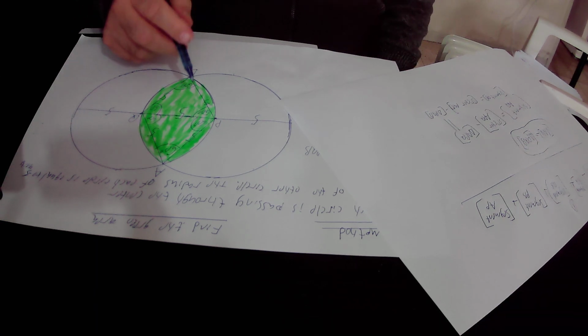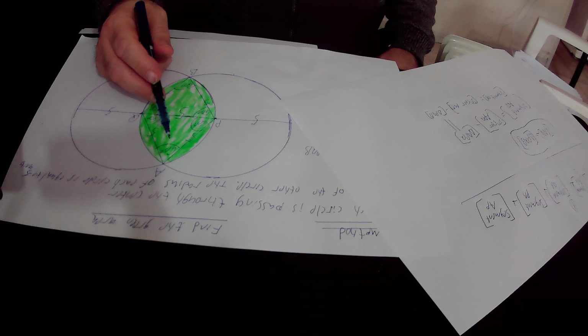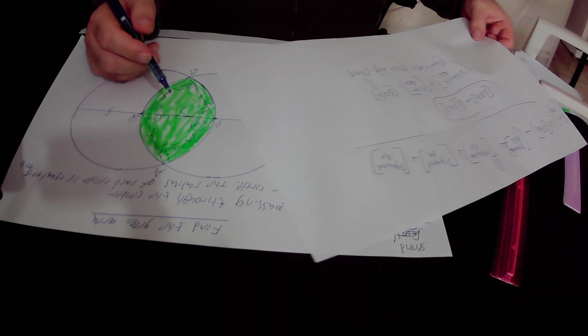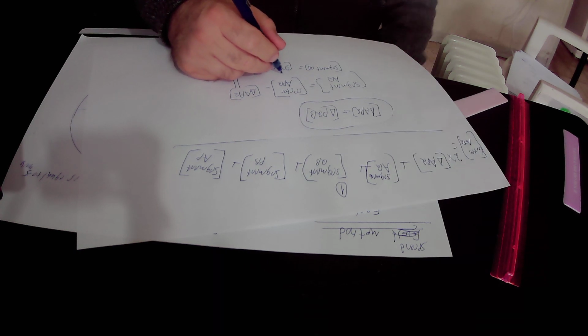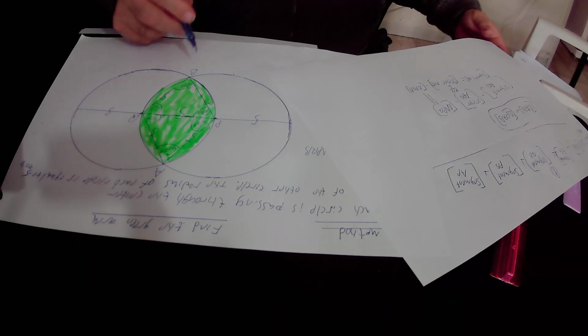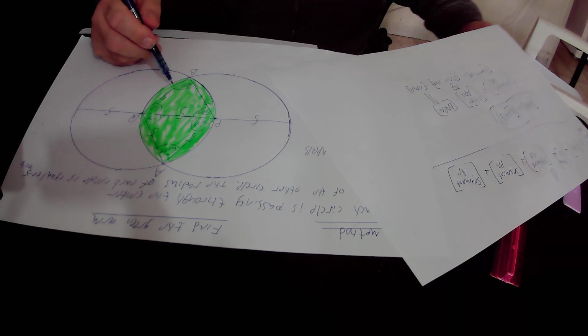As you can see here, okay, so the area of sector APQ will be equal to pi r squared over 6. And the area of sector PQB will also be equal to pi r squared over 6.